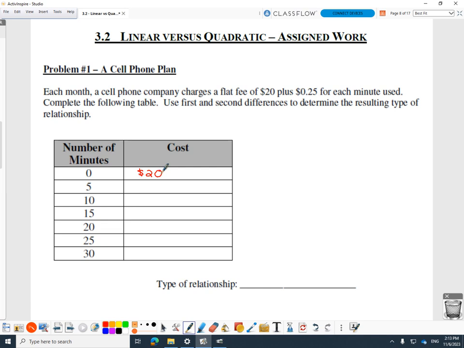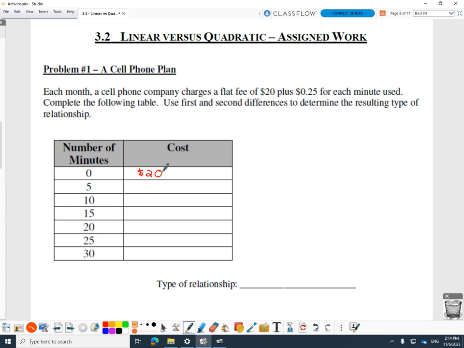Now, someone who's paying attention, what do I do to figure out how much I'm going to get charged for 5 minutes? Not just 0.25. It's 25 cents, but for each minute. 20, 21, 25? 21.25. He's right. That's $21.25.